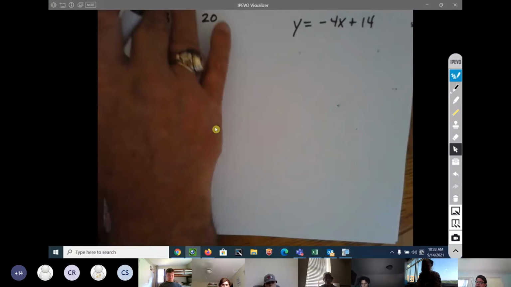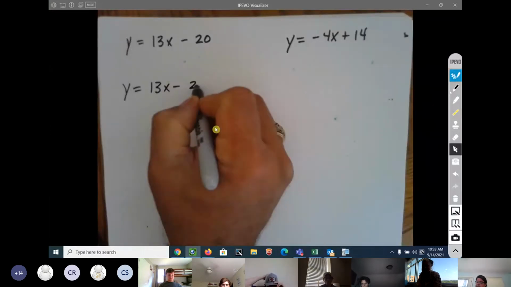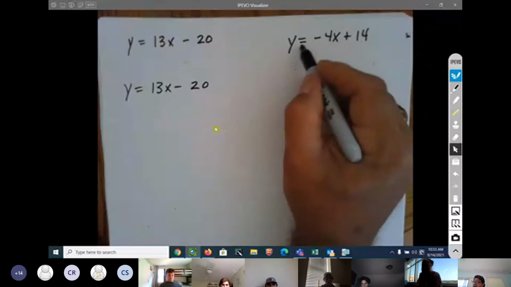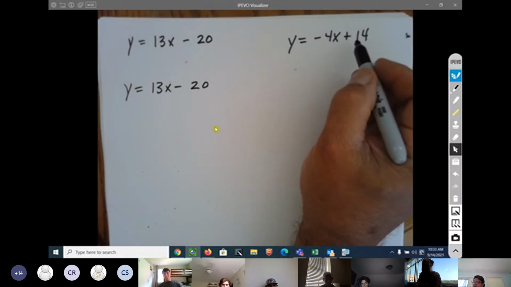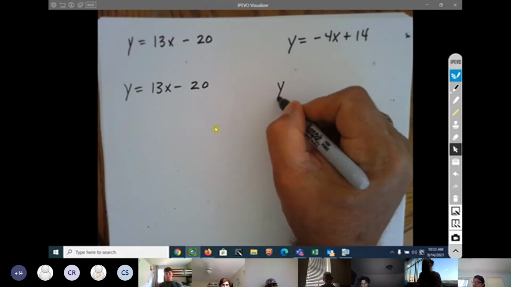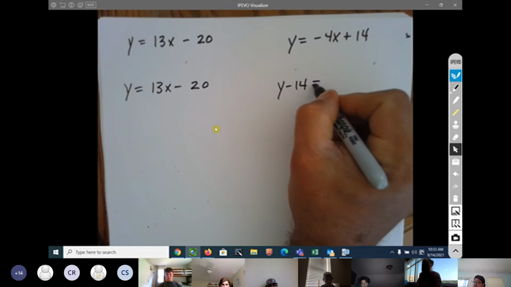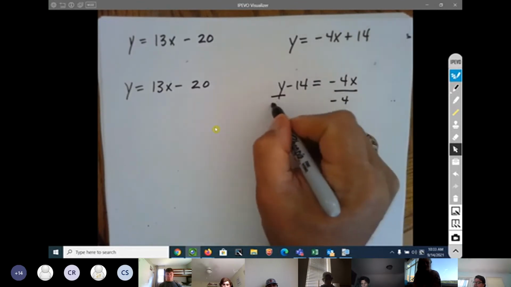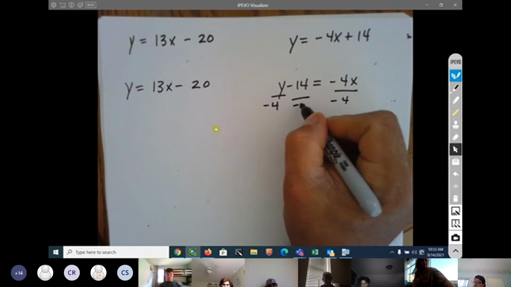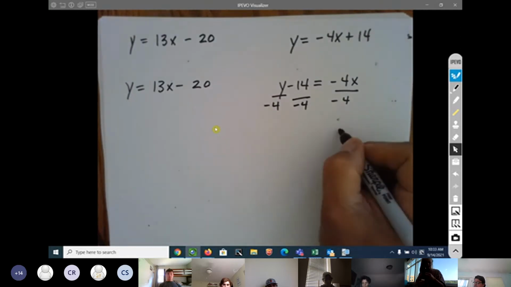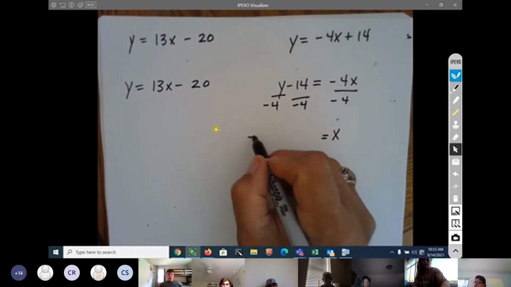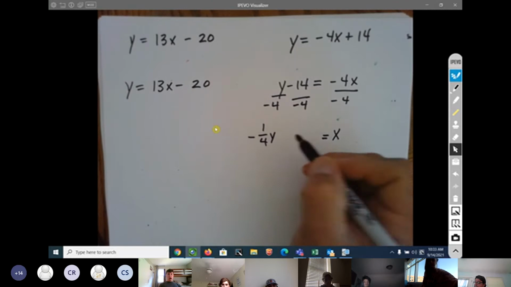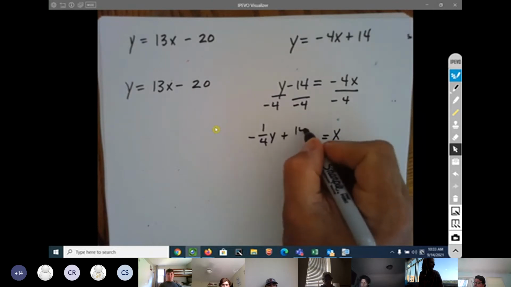Y is equal to 13x minus 20. And we're going to solve this for x. So that means y minus 14 is equal to negative 4x. Divide by negative 4. X is equal to negative 1/4 y plus 14/4.